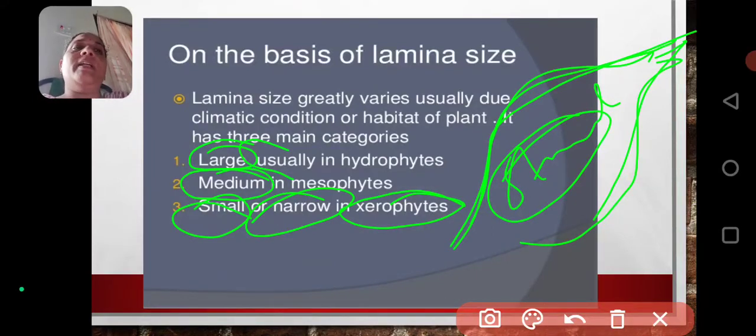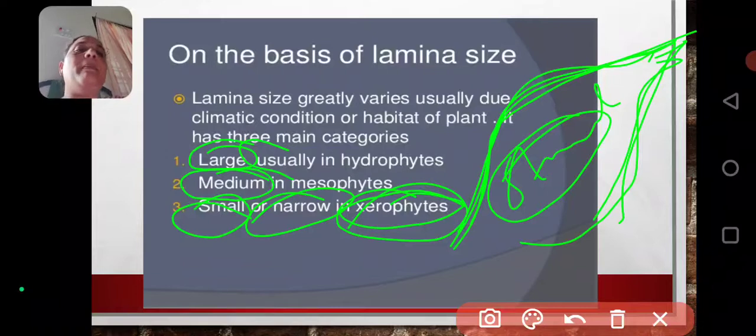So automatically the stomatal number increases, and it leads to the rate of transpiration increasing, and the rate of evaporation of water also increases. So for controlling stomatal transpiration, the leaf lamina size is decreased in the xerophytic plant.